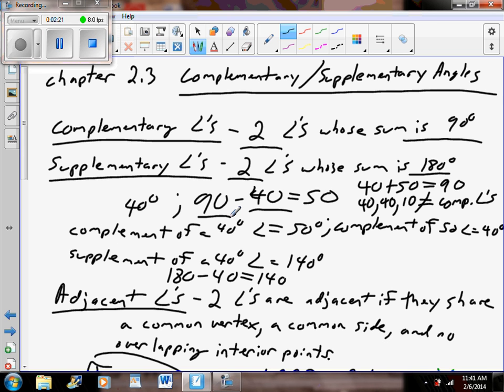So if I subtract what is known, the 40-degree angle, from the 90, that's going to give you your other angle. That should be pretty common sense, right? And you can take the two angles, 40 plus 50 equals 90, just to check yourself. But again, it's two angles, not three. 40, 40, and 10: do not try to classify those as complementary because there's three angles there, not two.